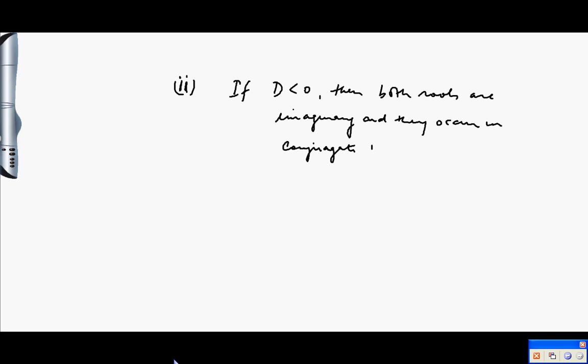Now, we can see that when D is negative, when you calculate this under root b square minus 4ac upon 2a, this expression being negative, you will be able to see that the square root of a negative quantity can only be covered with the help of iota. You understand, root of minus 1 is iota.